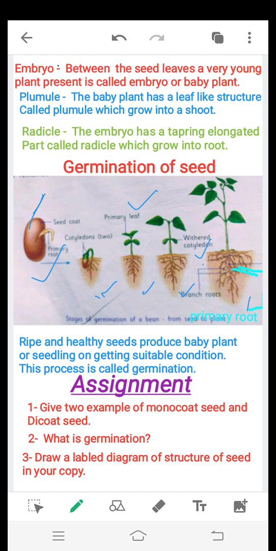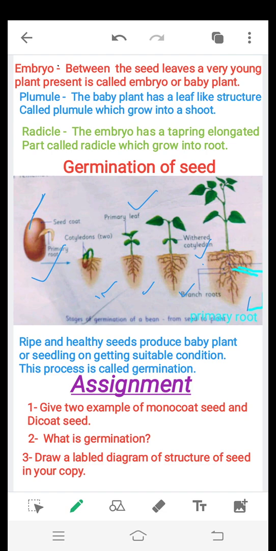So how do you define germination? Ripe and healthy seeds produce a baby plant or seedling on getting suitable conditions. This process is called germination.